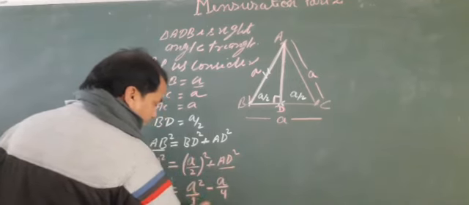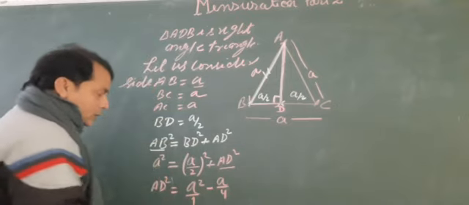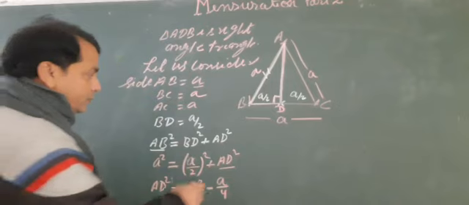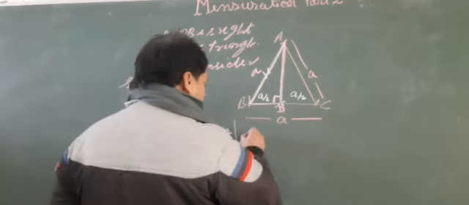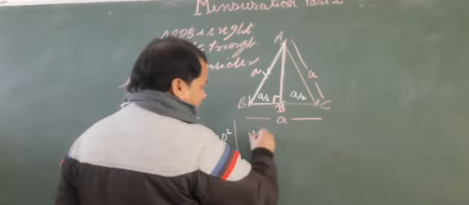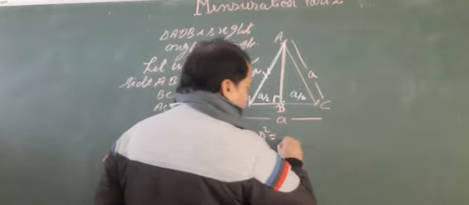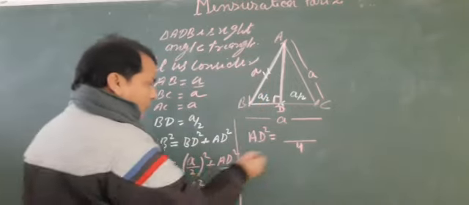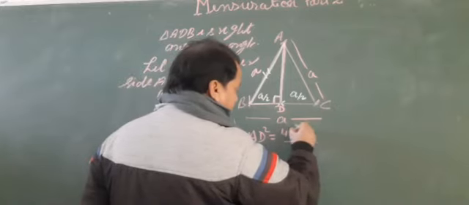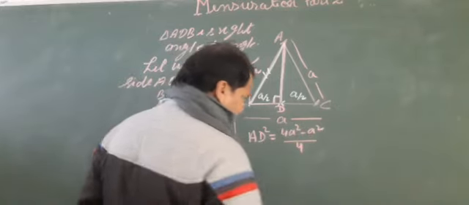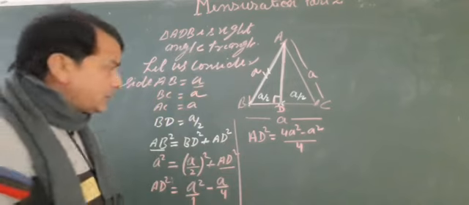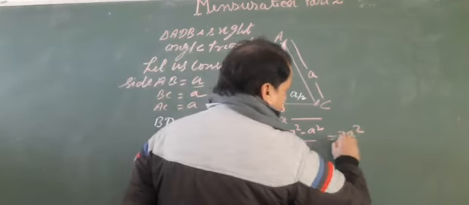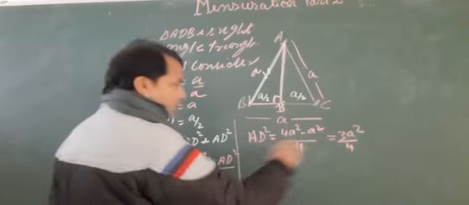Then the LCM of 4 and 1 is 4. AD square equals 4A square minus A square over 4, which is 3A square by 4.